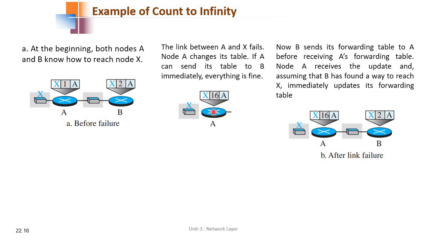This broken link is updated in the routing table of A, but this information is not delivered to router B. Before delivery of this vector table, router B tries to transfer the data to device X through router A. Now router A is receiving a packet from router B.